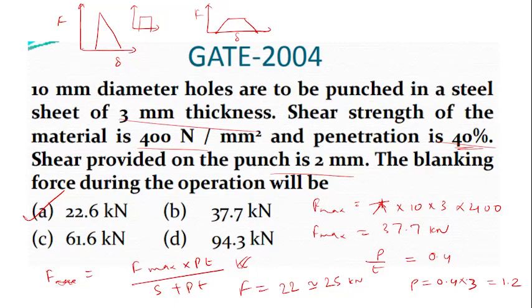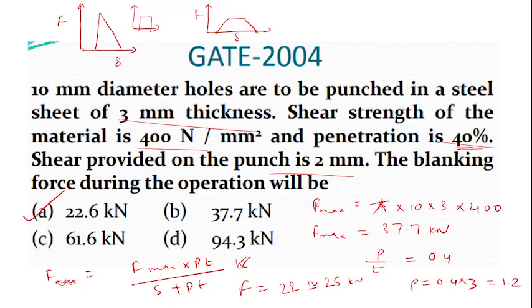Ma'am, it comes only if we neglect PT, otherwise it doesn't. I am getting 24.2 without neglecting PT. If you neglect the PT, it will come as.